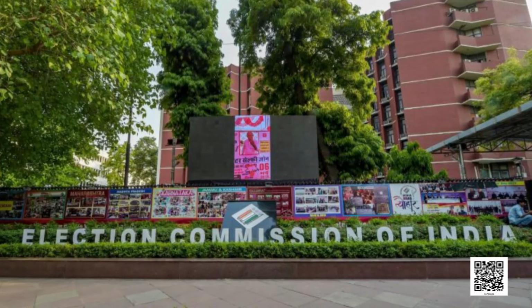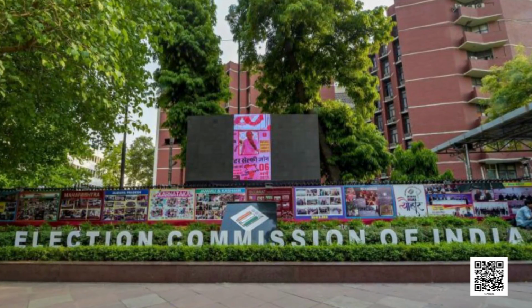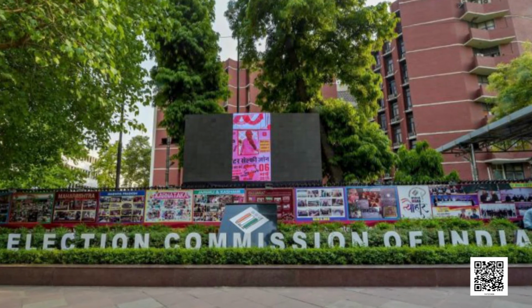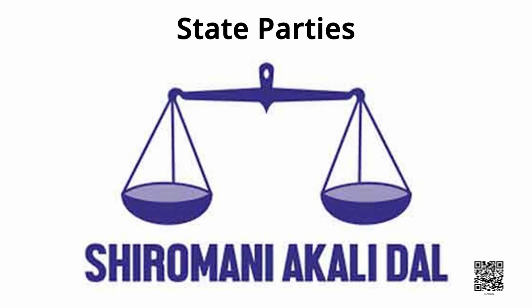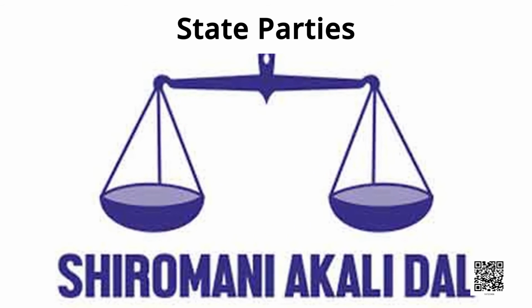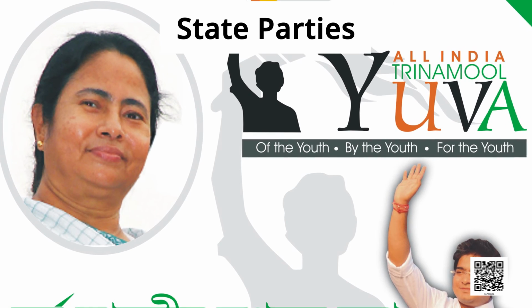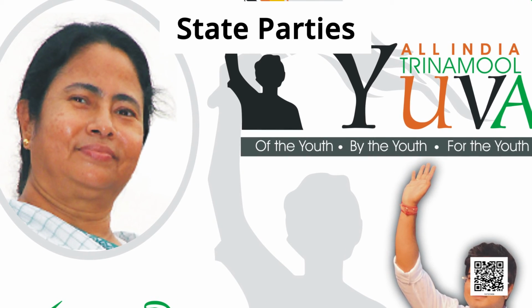The Election Commission has laid down detailed criteria of the proportion of votes and seats that a party must get in order to be a recognized party. A party that secures at least 6% of the total votes in an election to the Legislative Assembly of a state and wins at least 2 seats is recognized as a state party.